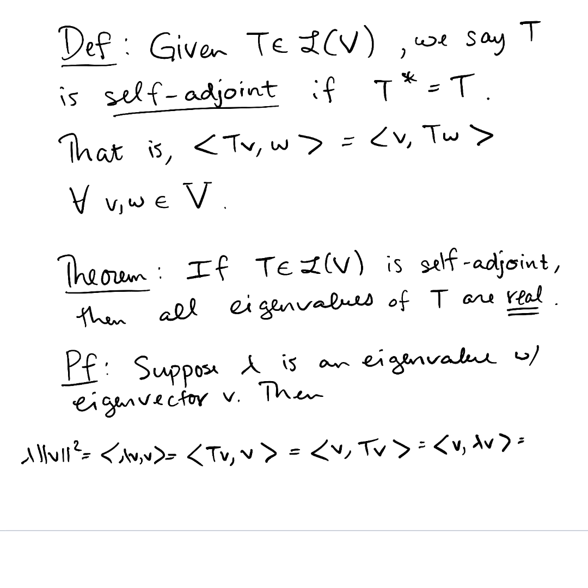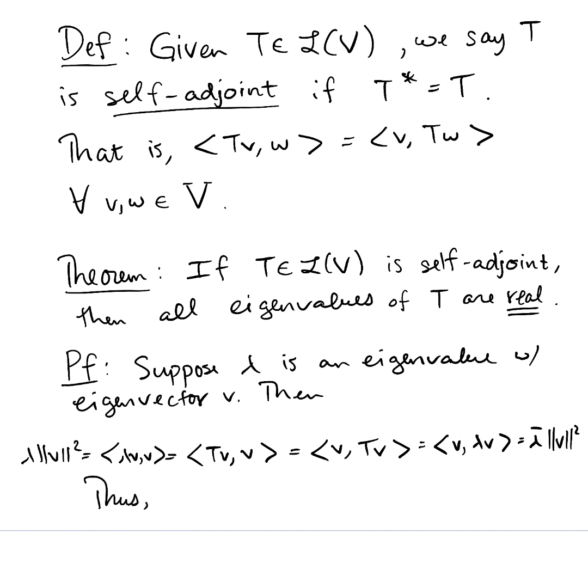Now that lambda can be pulled out in front, but it comes out as a lambda bar because we have conjugate homogeneity in the second slot. Anyway, that pops out as a lambda bar in front of everything, and you're left with norm v squared. So look at that long string of equalities there.